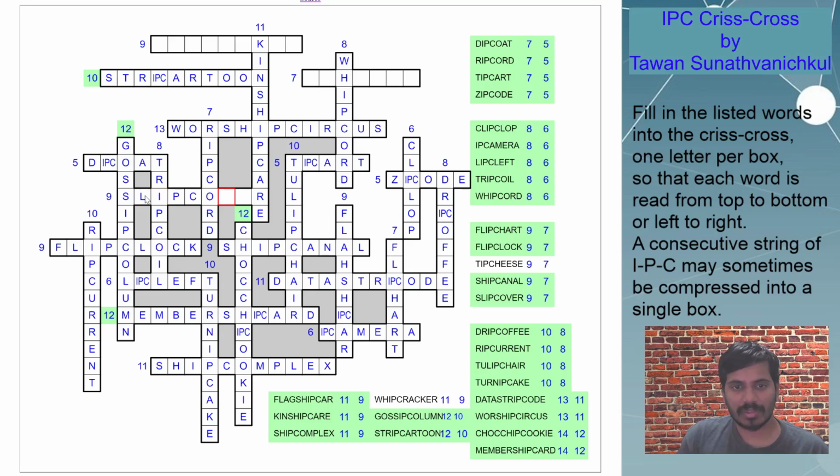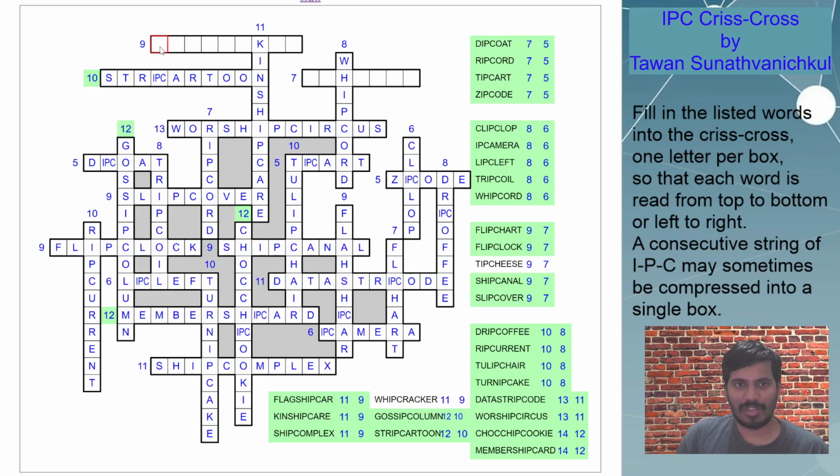slip cover. Now we have only two words to place. So whip cracker of size 9, and we don't even need to check the alphabets because we know there's size 7 and size 9, and we know that this has to be at least size 9 or 11.